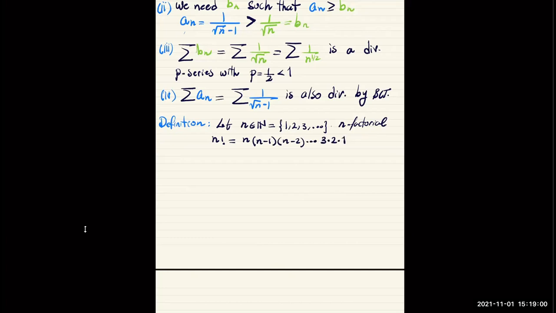Okay, so you just take the natural number n and multiply it by 1 less than it every time. So for example here, 5 factorial is, exclamation mark here means factorial, that's 5 times 4 times 3 times 2 times 1. Whatever that is.